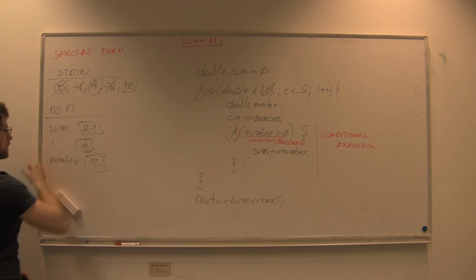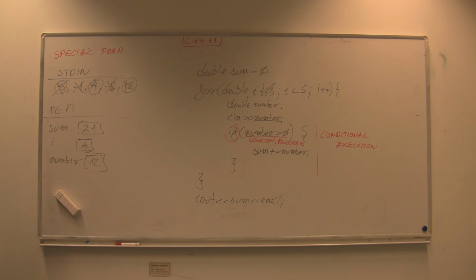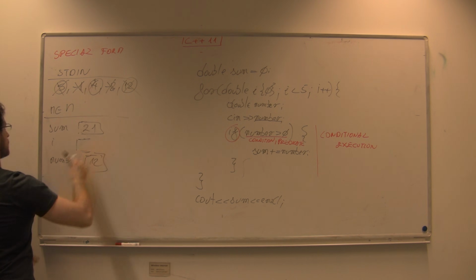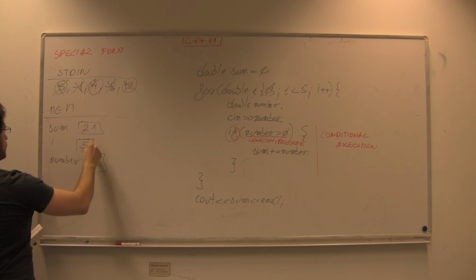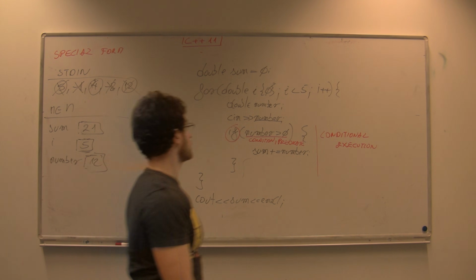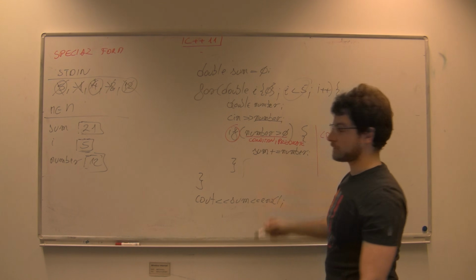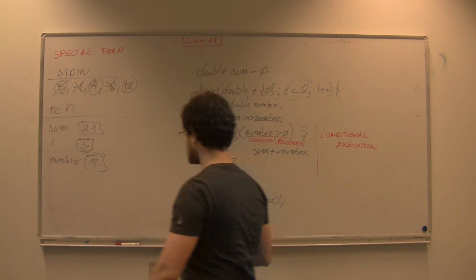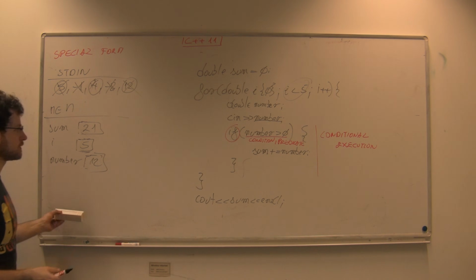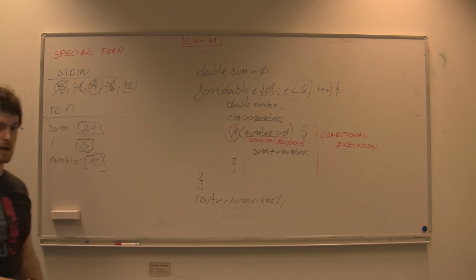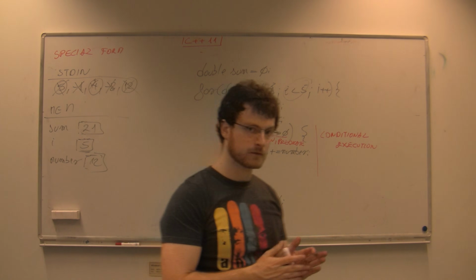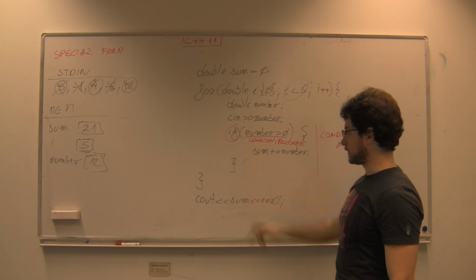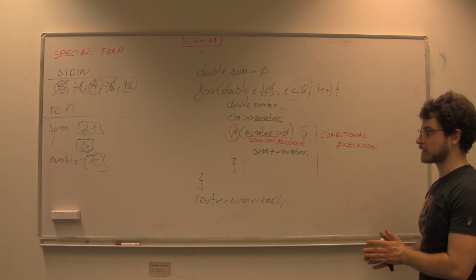So the result is now 21. We perform loop increment. The value of the loop variable is now 5, and the loop condition is no longer satisfied, so the execution of the loop is terminated. And with this, we have calculated the sum of those numbers on standard input that are positive, thanks to this new feature of the language that enables conditional execution.